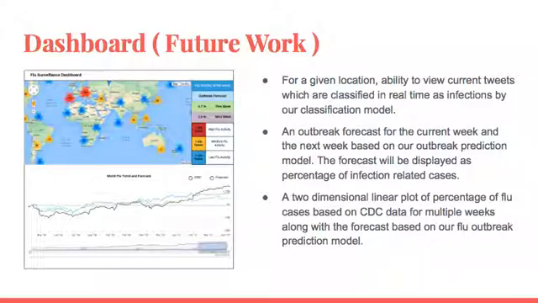We also want to do outbreak forecasting for the current week as well as the next weeks. And we want a two-dimensional line plot of the percentage of flu cases based on the medical CDC data, compared with our flu outbreak prediction model.